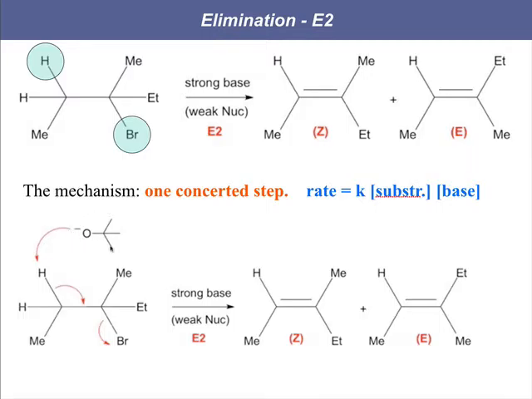Here's our base. I've chosen tertiary butoxide, because that's a big, bulky base. That's a poor nucleophile. It's too bulky to access the antibonding orbital of this leaving group by itself.